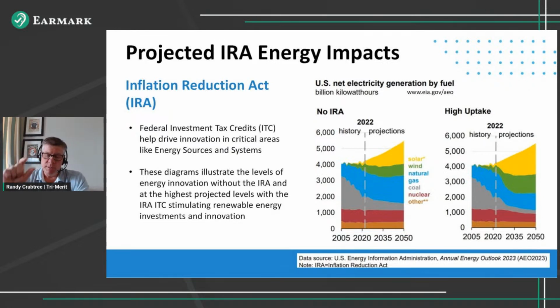Just to give you an idea of the magnitude of the opportunity, when we look at tax bills, Congress looks at a tax bill and defines the cost of that bill. As tax advisors on the other side, we look at the opportunity from that tax bill. What are the tax saving opportunities? Many of you are probably familiar with the research and development tax credit, the R&D tax credit.